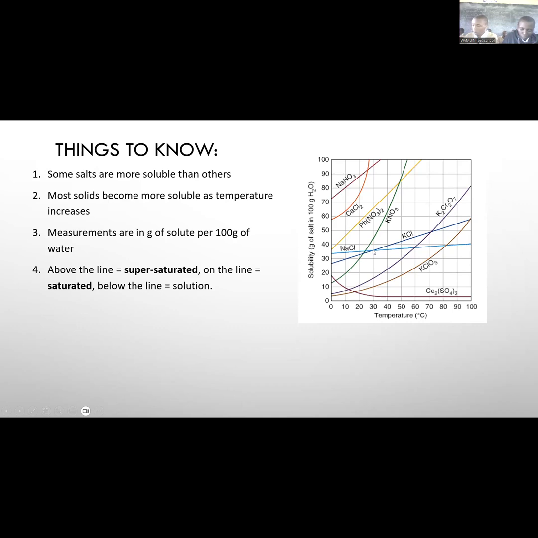If I put 40 grams of potassium chloride into the water and it seems to disappear, then it is supersaturated. On the line is saturated, that is the maximum amount. Under the line, it's more dilute. It's just a solution.